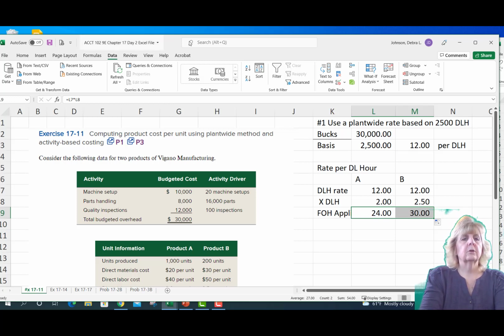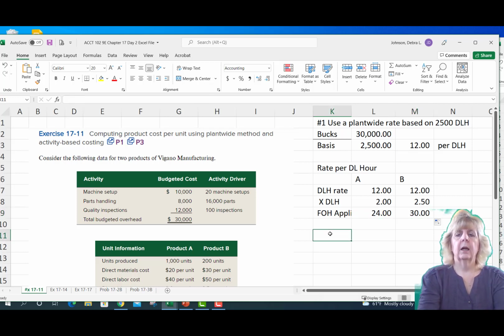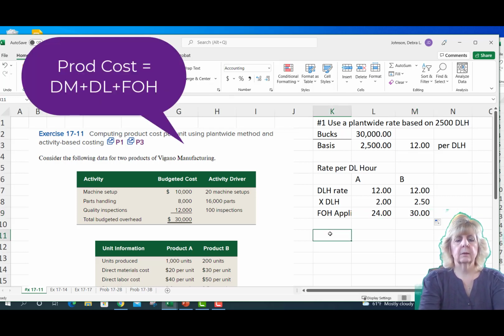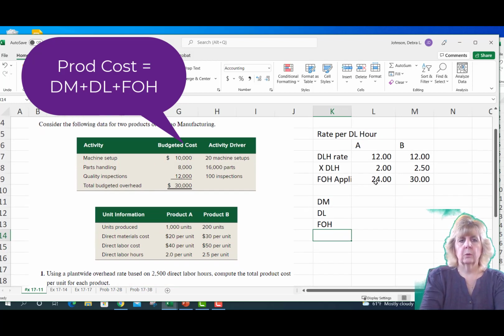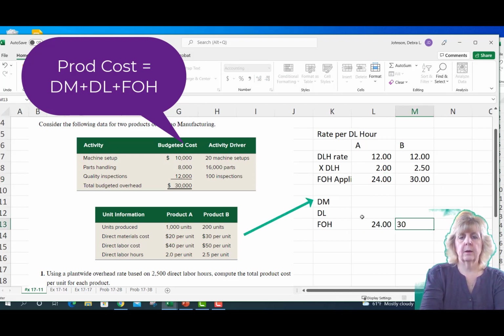Now, if I read the directions again, it's not just the factory overhead applied that they wanted. They also wanted the product cost. And we know that product cost is comprised of three things: direct material, direct labor, and factory overhead. So we would bring these costs down as we just computed them.